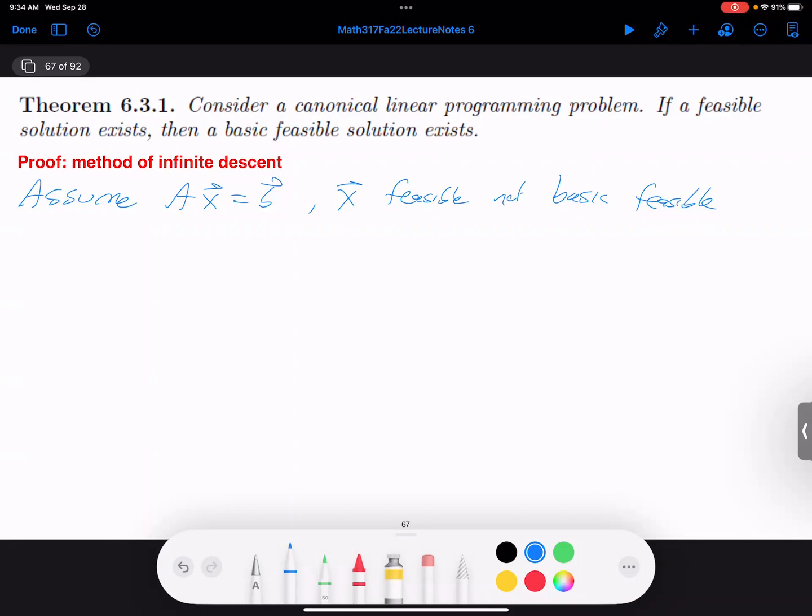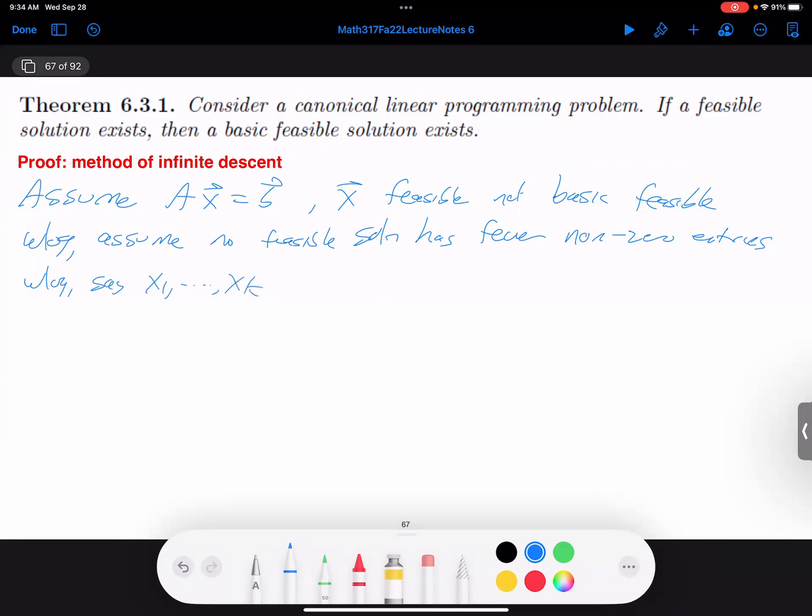So without loss of generality, assume no feasible solution has fewer non-zero entries. Without loss of generality, say x1 through xk do not equal 0, and xk plus 1 and on are 0.